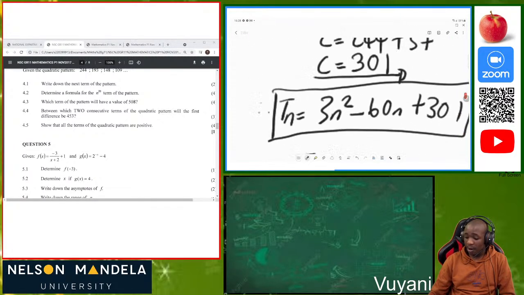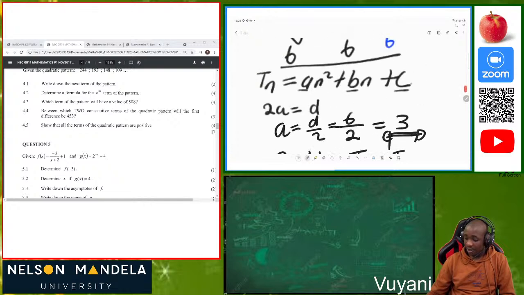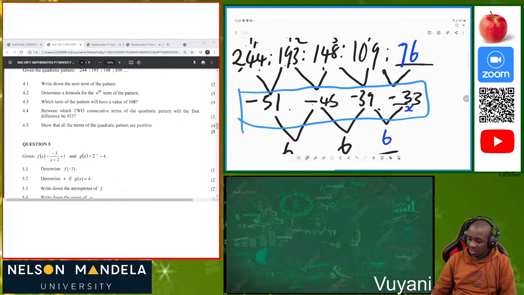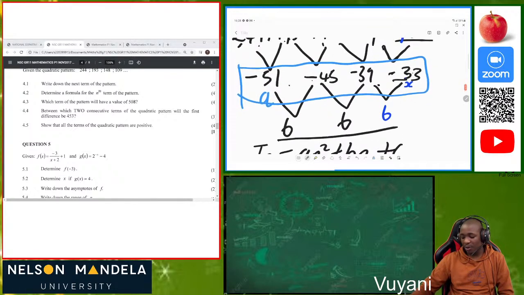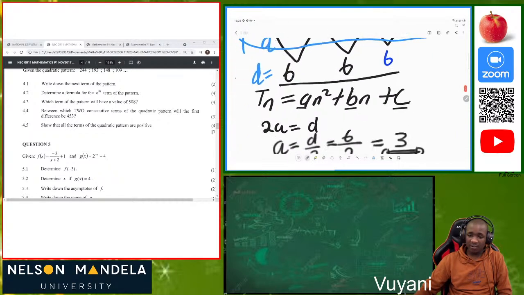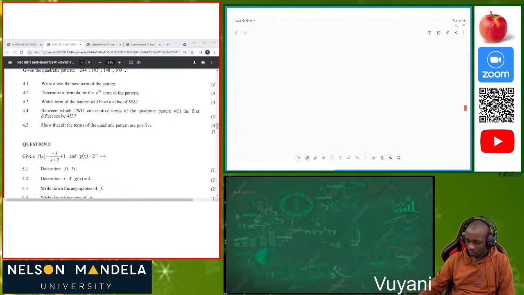You still remember on our original equation, this was our first difference. So we are talking about this. This is our first difference. So this is going to be our value of a, and the constant difference is going to be positive 6.